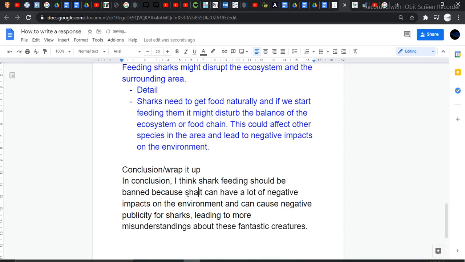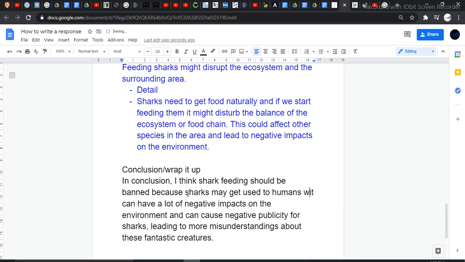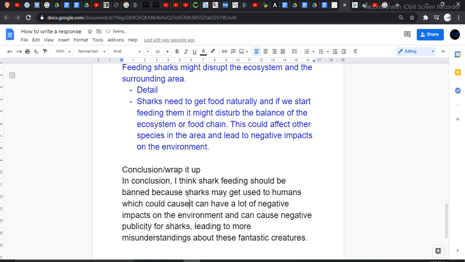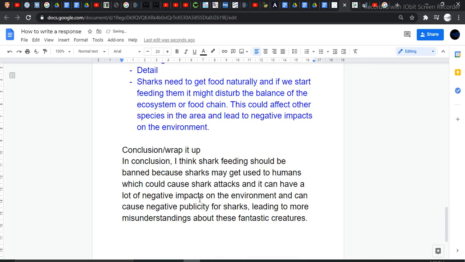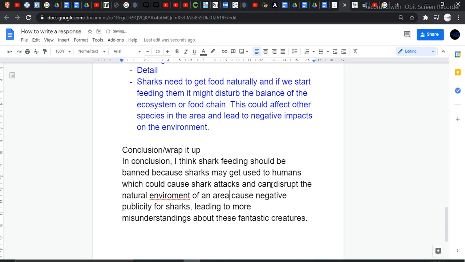Because sharks may get used to humans, which could cause shark attacks, and let me take this. So there's a lot of cutting that we have to do. This is good. And can cause, well, can disrupt the natural environment of an area.